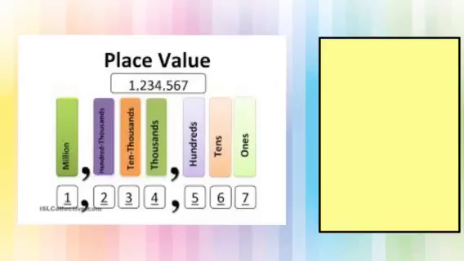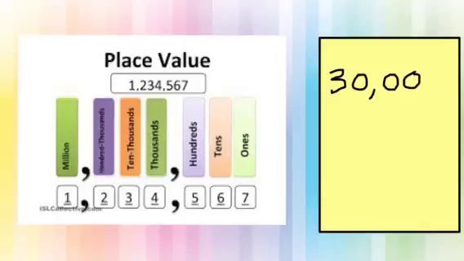Alright, so now we have the number 1,234,567. We're going to talk about what the value of this 3 is. There are 2 ways to find this. The first way is to say, here's this 3, and what place is it in? Well, it's in the 10,000s place. So if I had $10,000 3 times, it'd be $10,000, $20,000, $30,000. So the value is 30,000.